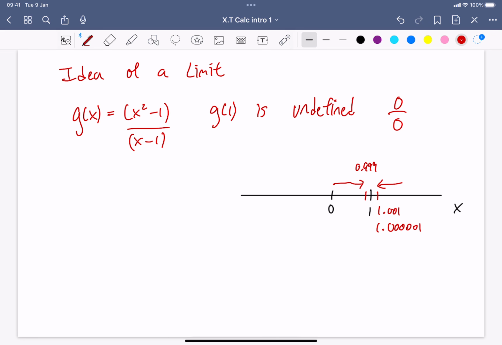So let's try plugging in numbers and see what happens.